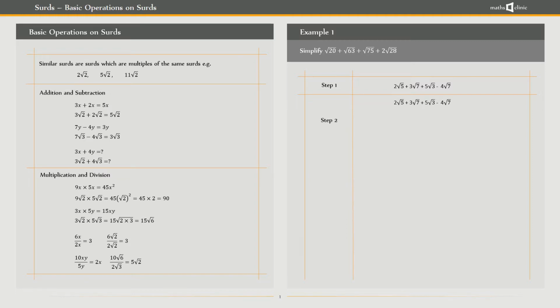You collect like terms, and you do the same thing when working with surds. We bring the 3 root 7 and the minus 4 root 7 together. Since 3 root 7 minus 4 root 7 is minus root 7, we end up with 2 root 5 minus root 7 plus 5 root 3, and that is our final answer.